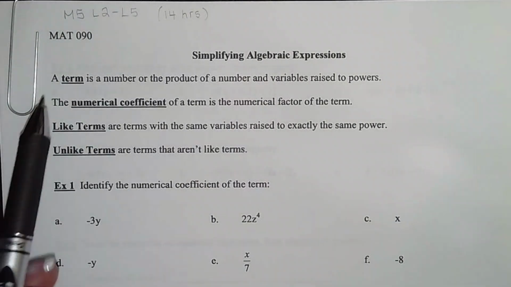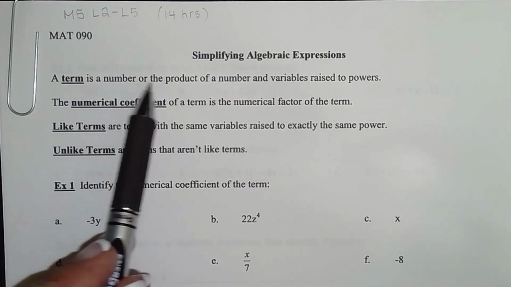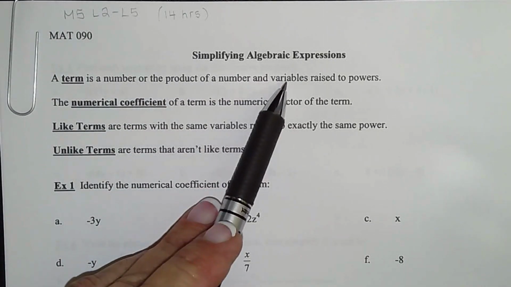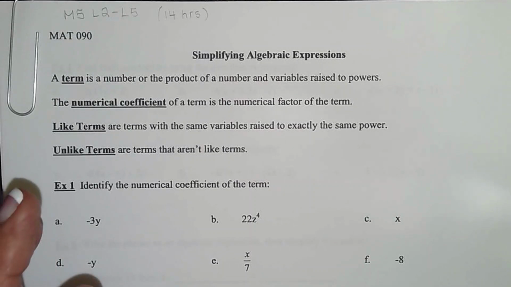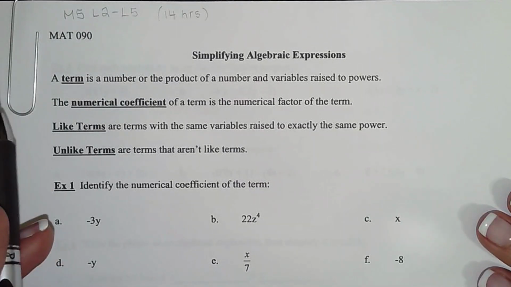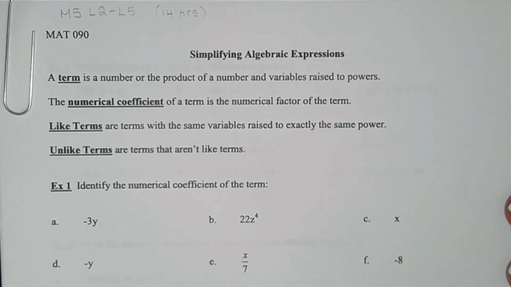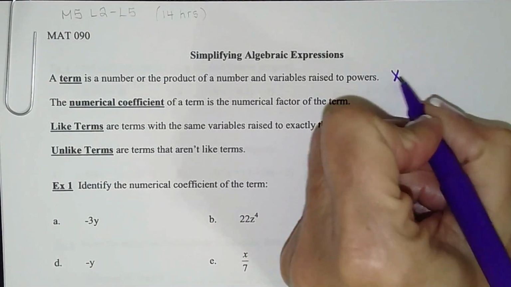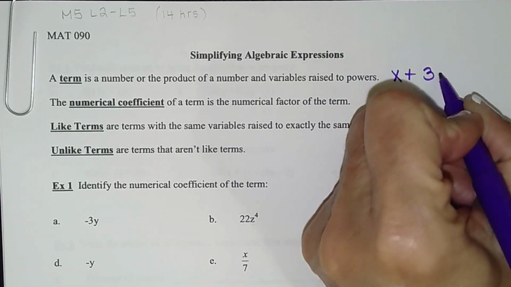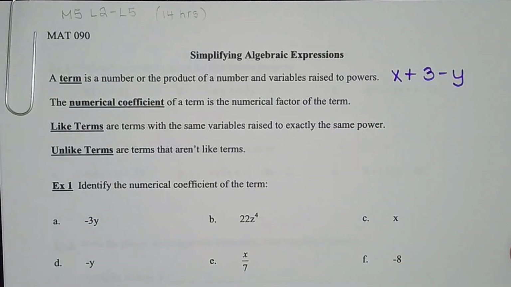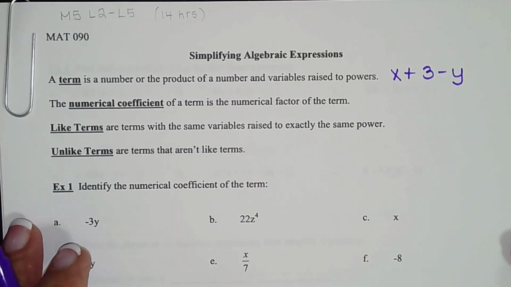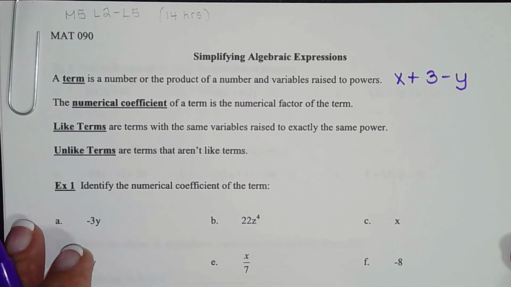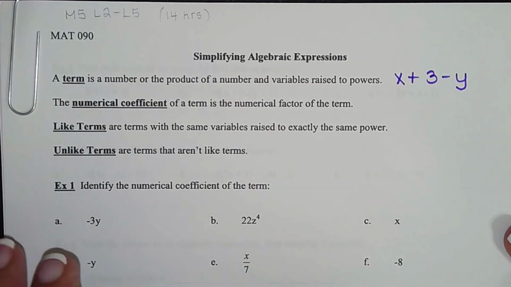So, a term. A term is a number or a product of numbers and variables raised to powers. Whoa, is that ever wordy? So let's give a better example. If we had x plus 3 minus y, I like to think of terms as things that are separated by addition and subtraction signs.